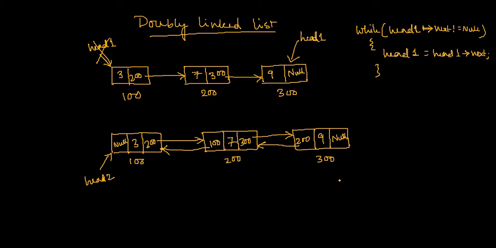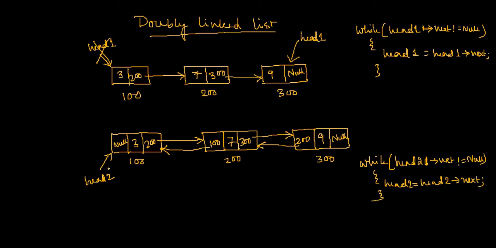But if you write a while loop in this situation, same thing, basically instead of head 1 I will write head 2. So while head 2 next not equal to null, head 2 equal to head 2 next.